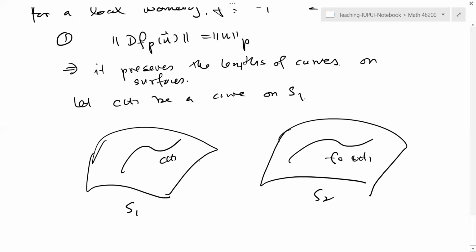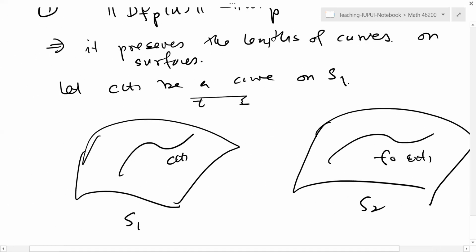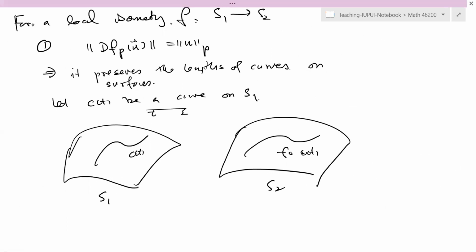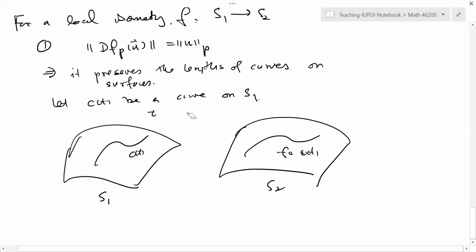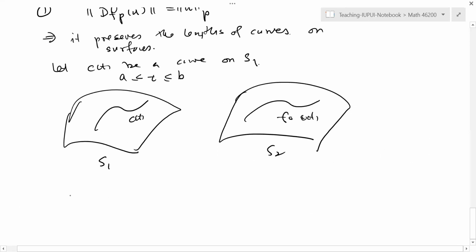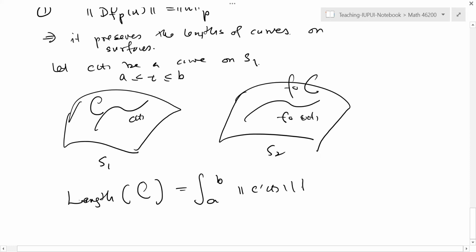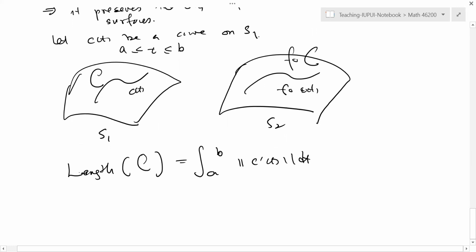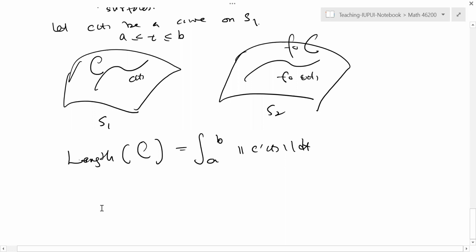By definition, let's look at the length of C. So the length of C is going to be the integral of the norm of C prime t dt.